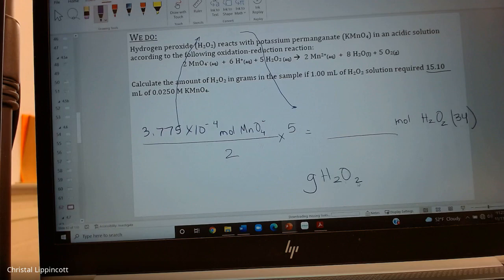It was not bad at all. Why does it say KMnO4? Because it's potassium permanganate, but if we were to do this, we could do this as a regular equation.